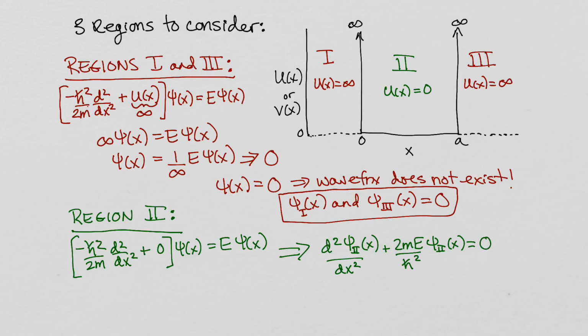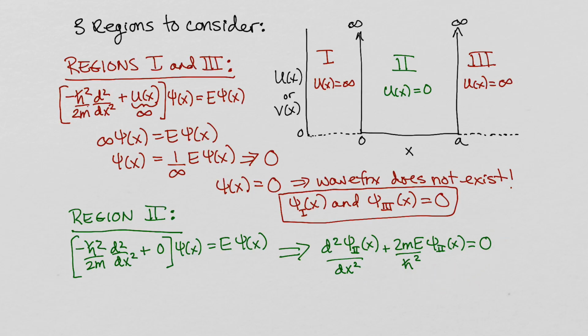Okay, so this magic arrow here is just some algebraic rearrangement of our equation, so bringing everything over to our left-hand side, and a little bit of moving around of our constants lets us end up with this equation.